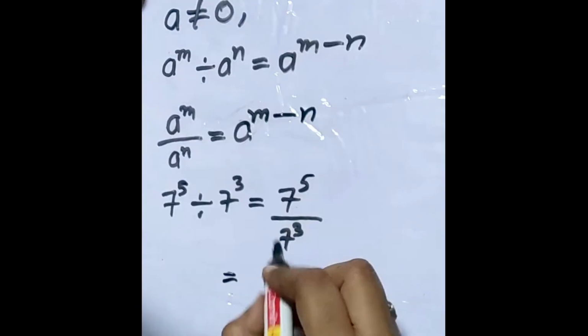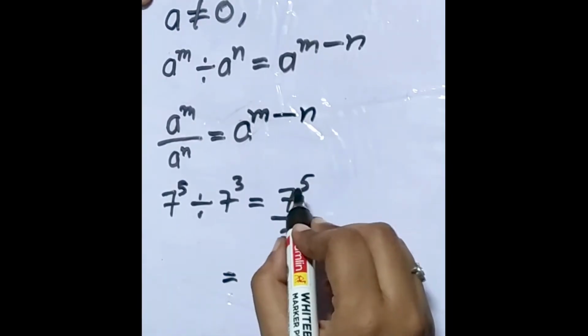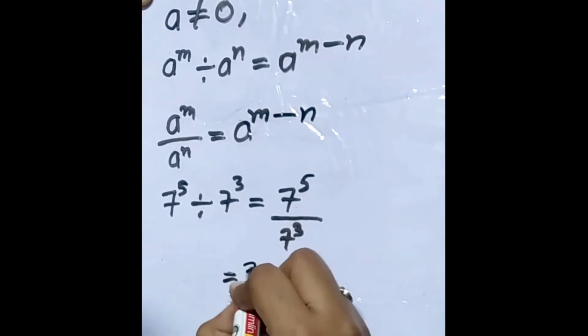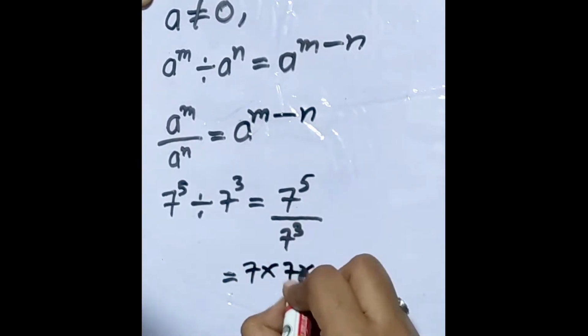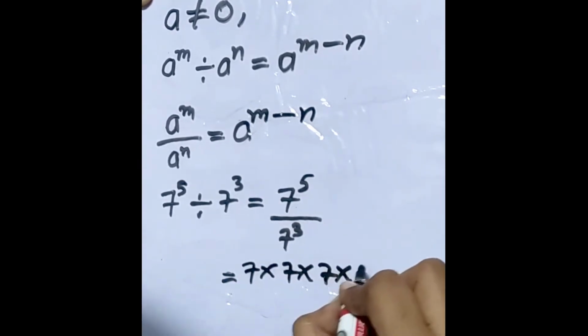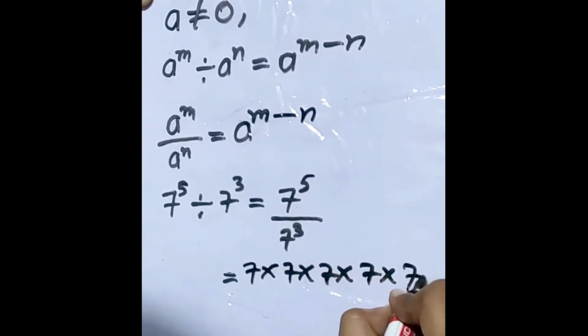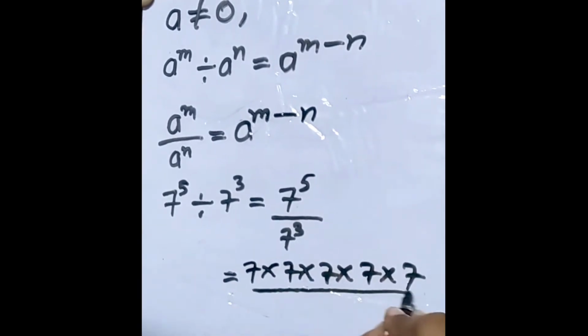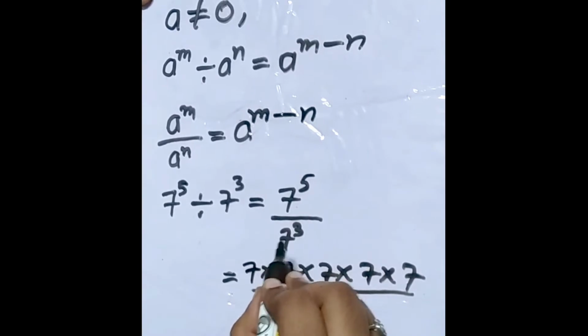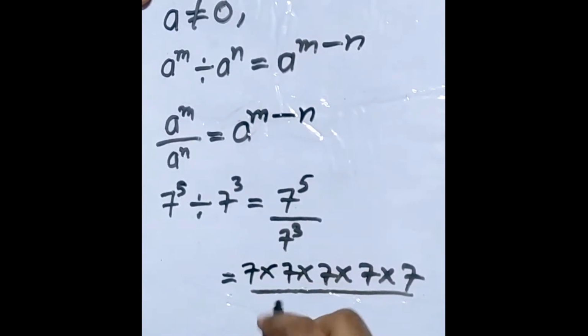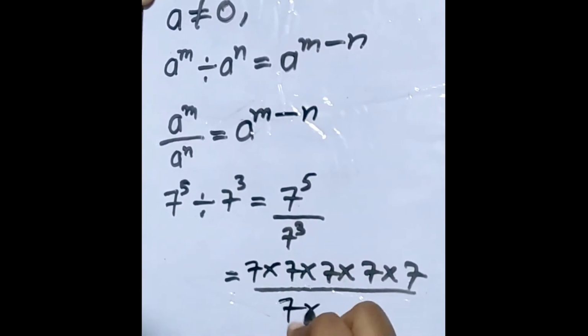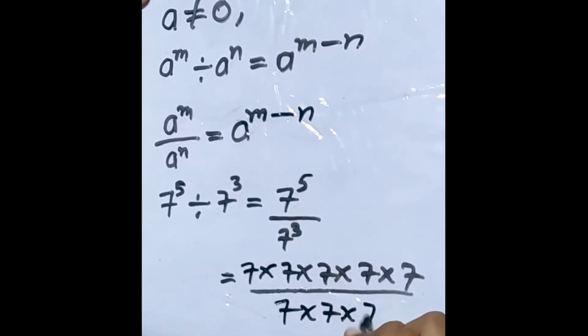Okay, in the numerator 7 is taken how many times? 5 times. So 7 into 7 into 7 into 7 into 7, upon, in the denominator how many times is 7 multiplied with itself? 3 times. So 7 into 7 into 7.